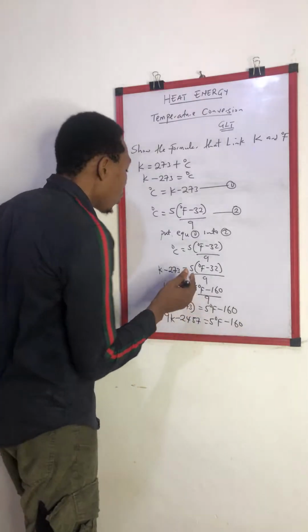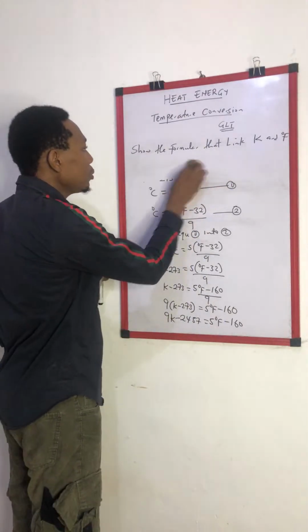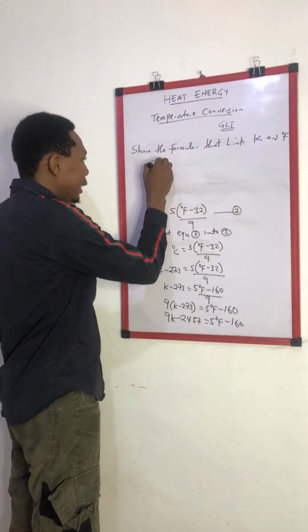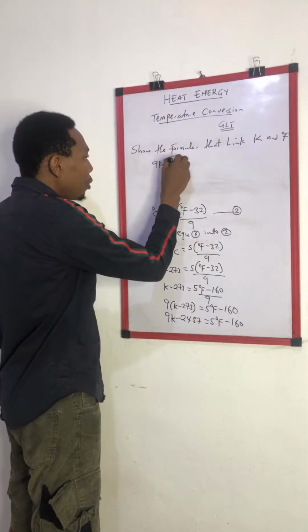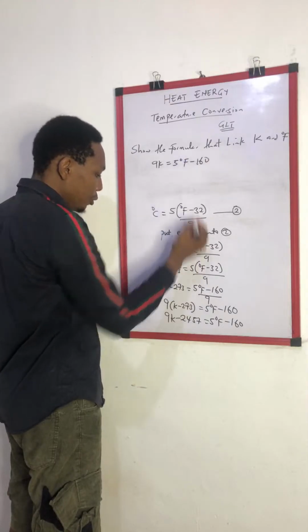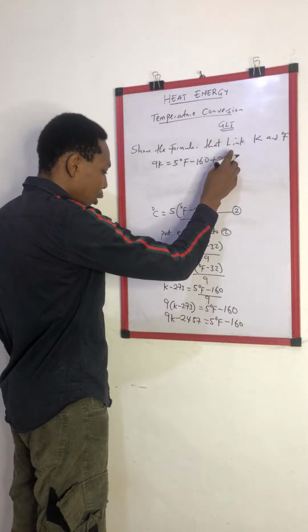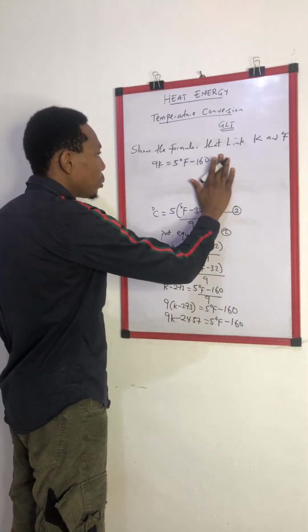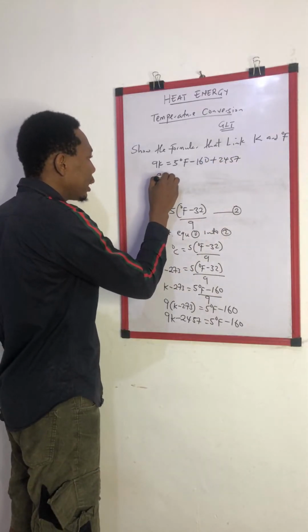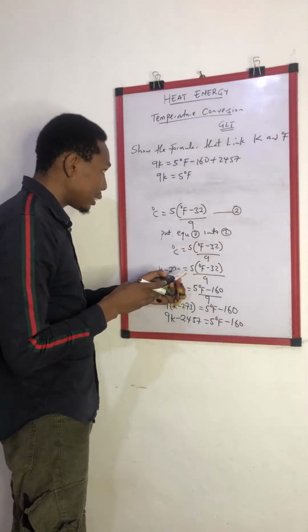So this time around, we are going to have 9K equals 5 degree Fahrenheit minus 160 plus 2457.